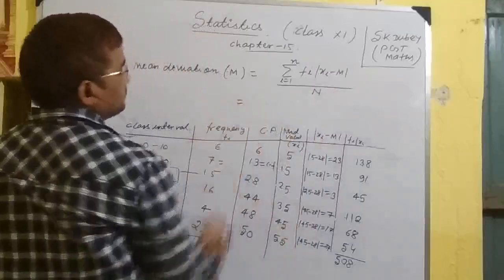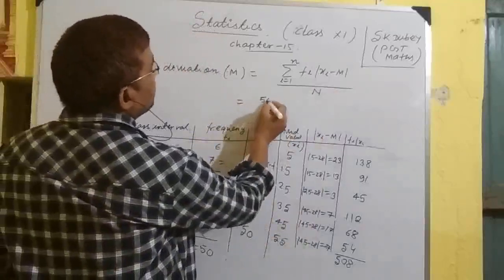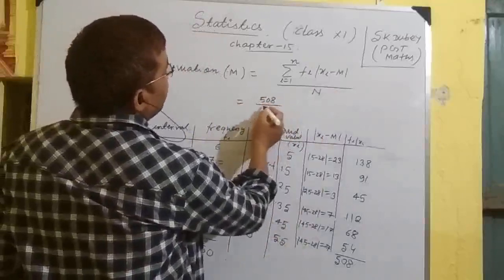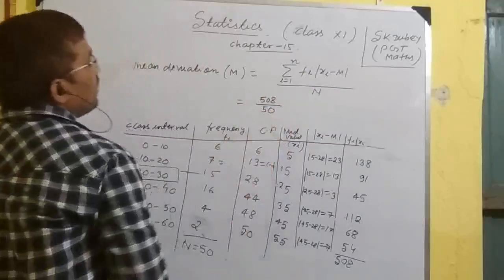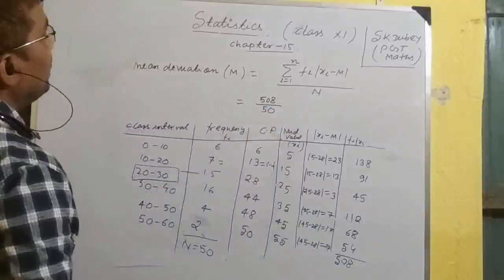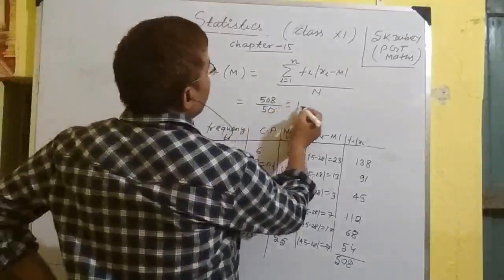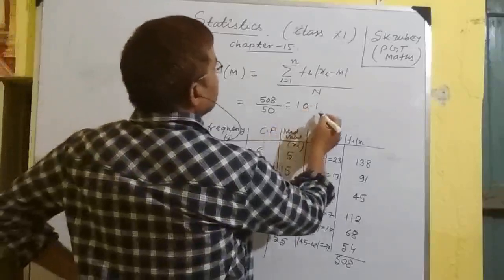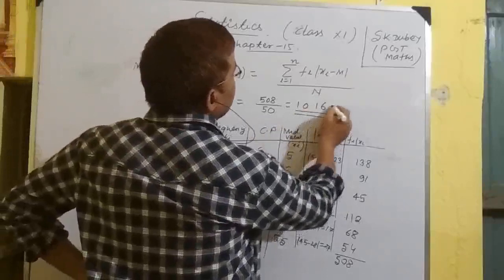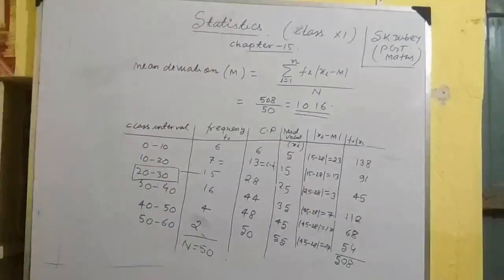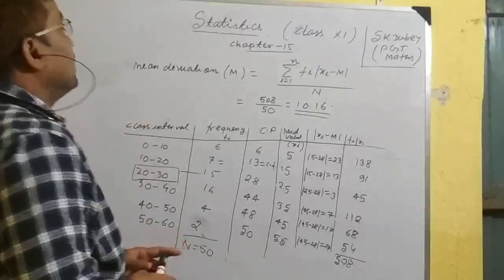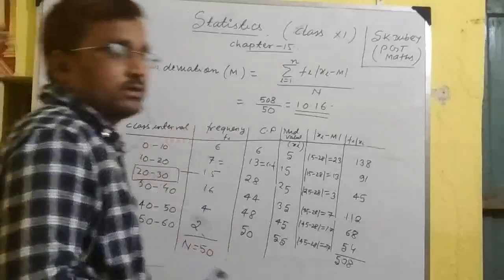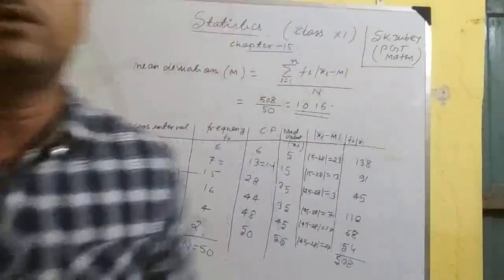This is equal to 508 by 50. If we divide 508 by 50, we get 10.16. This is the required mean deviation about the median. In this way, we find the mean deviation about the median for a continuous frequency distribution table. Thank you.